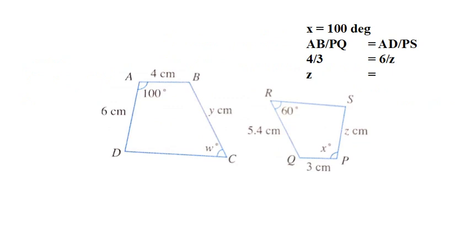So after observing for a while, I know for sure that AB should be compared with PQ, right? Because I will call this one my top and this one my base. Here, this is flipped and it's kind of shrunk to this size. So 4 became 3. We don't have to work on DC and RS.